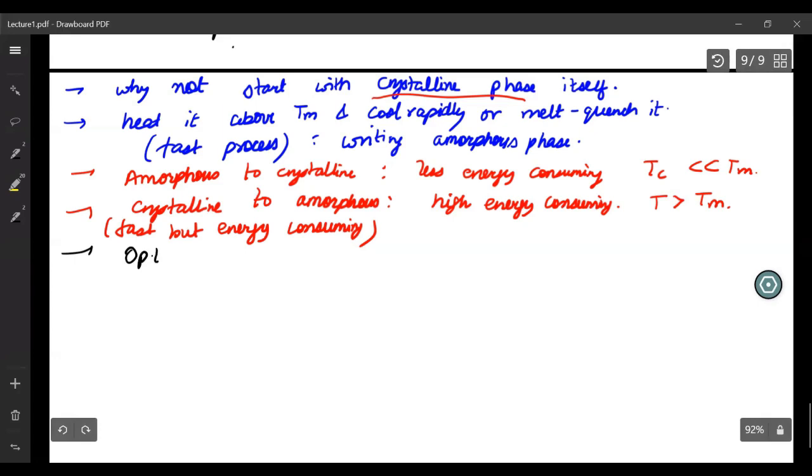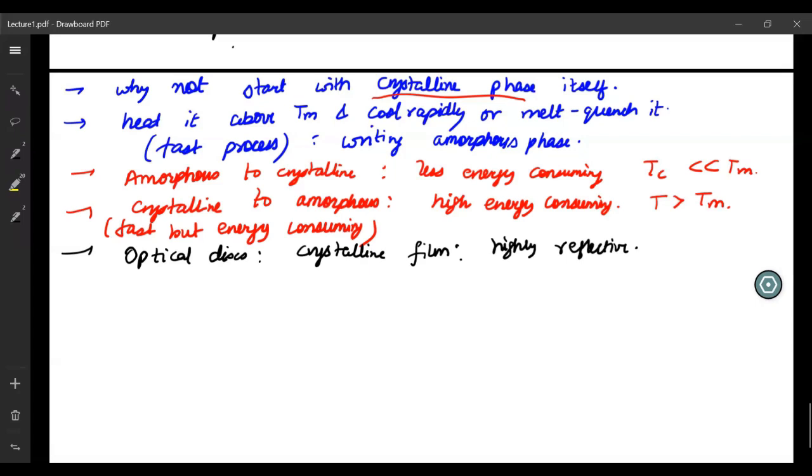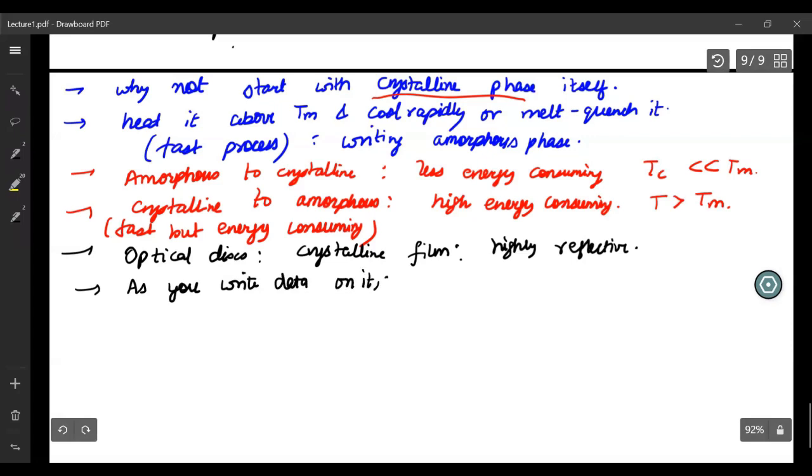So let me write that. So in your optical discs, you start with crystalline film. And since it's crystalline film, it's highly reflective. And that is why you see that shiny surface on a very new CD or DVD. However, as you write data on it, what happens? Amorphous regions appear there.